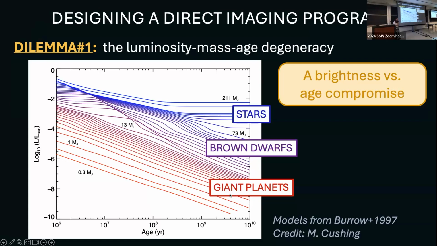So the first choice that we have to make is this compromise between age and brightness, because if we observe things when they're old, they will have really faded, and we're going to have a lower chance of seeing them. So typically, most direct imaging programs so far have been focusing on really young things because that gives us a better chance of actually detecting low mass things.